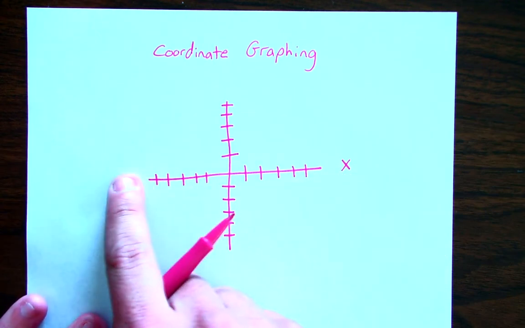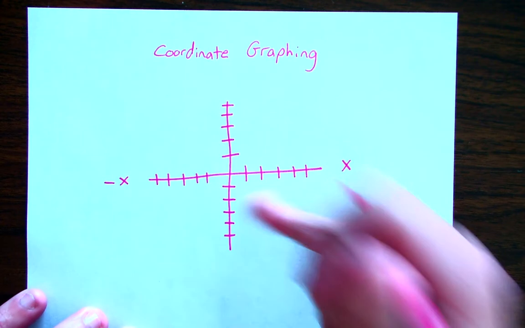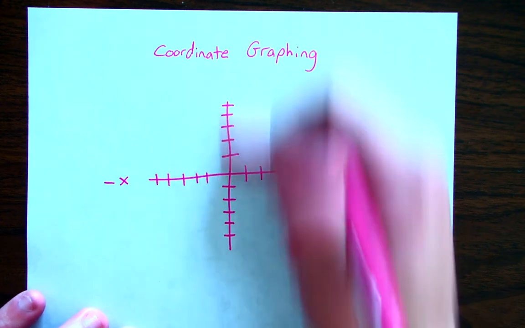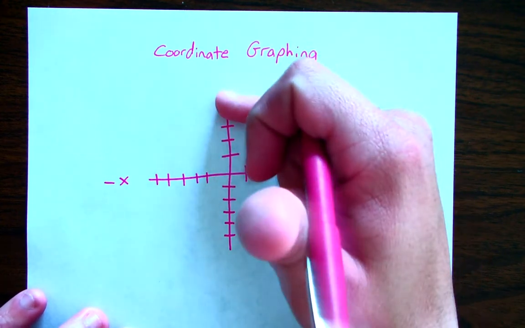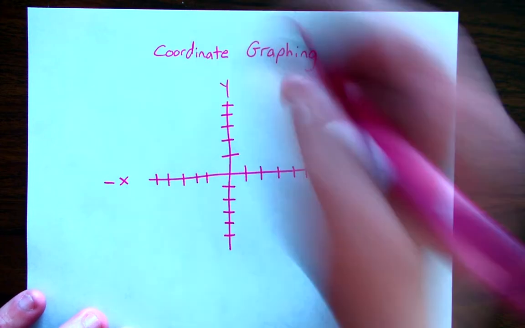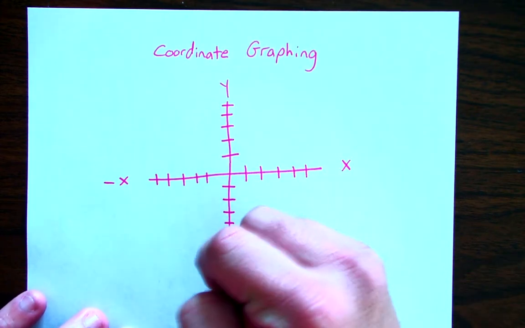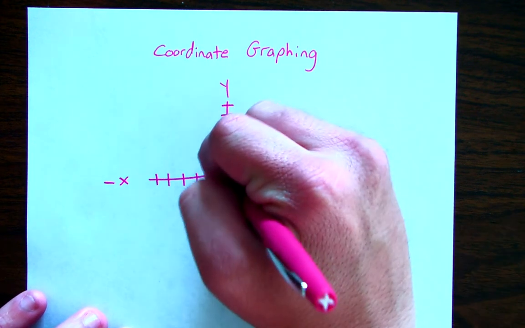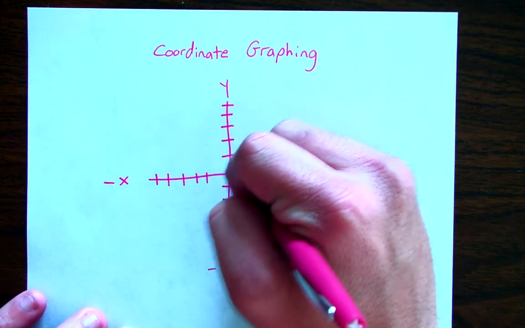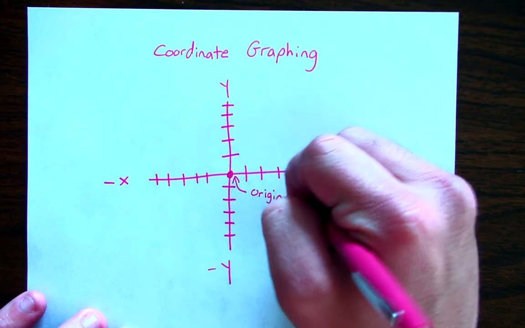On the left side would be a negative x value. Your up and down vertical axis is your y-axis. Again, the numbers up would be a positive y value. The numbers below 0 or below the origin would be a negative y value. Now remember, this point right here in the center, 0, 0, is known as the origin. It is our starting spot.